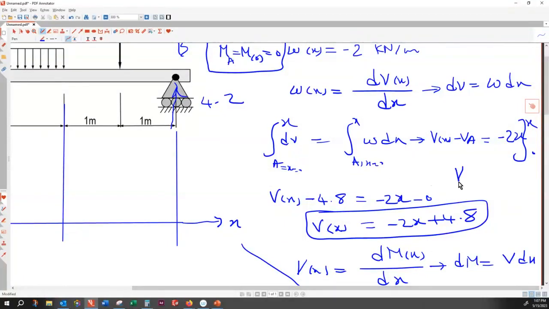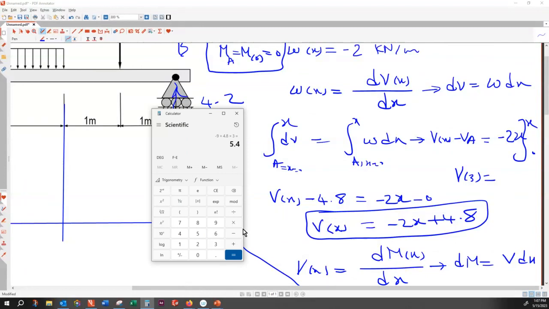That becomes V of 3, that is minus 6 plus 4.8, minus 1.2.